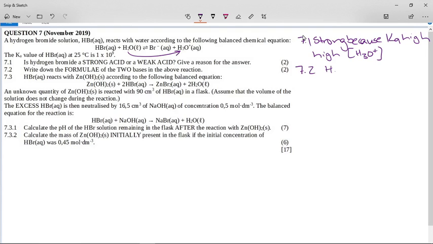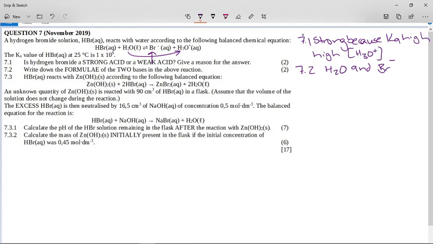So the water must be acting as a base, and you know that water is amphoteric, or an ampholyte, so it's accepting a proton. The other one is not so obvious, but it is in fact the conjugate base of the hydrogen bromide. So the other base is the bromide ion, because the bromide ion can accept a proton and it will then go back to hydrogen bromide over there. So those are your two bases.